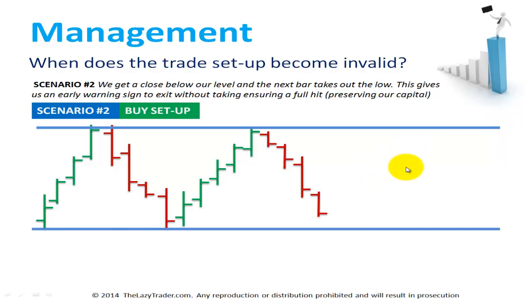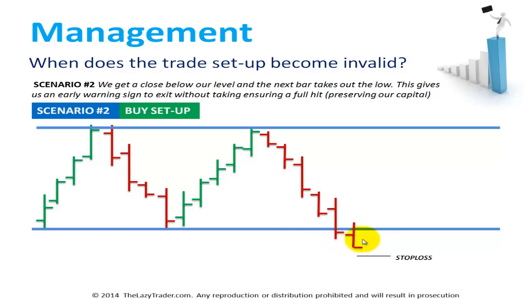In this instance, we've got a buy setup on this horizontal level. Price has closed below the level, which is a warning sign, but crucially the next bar has taken out the low of the bar which closed below the level, which renders this invalid.